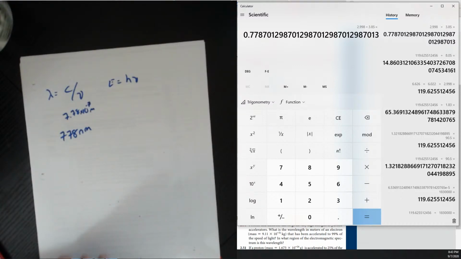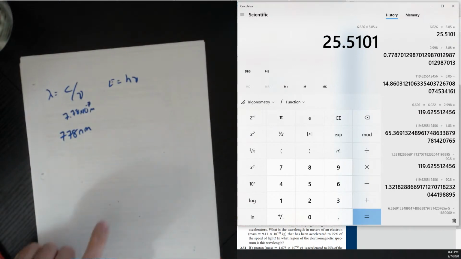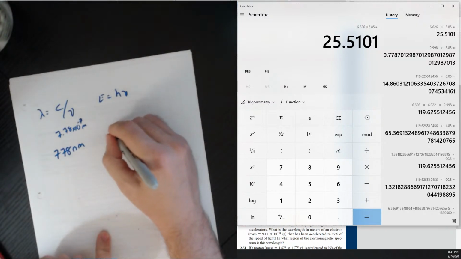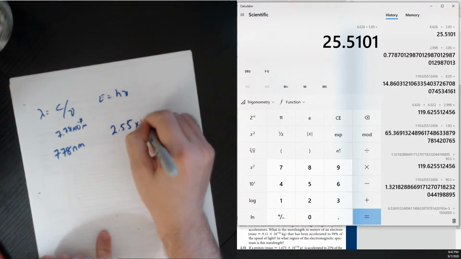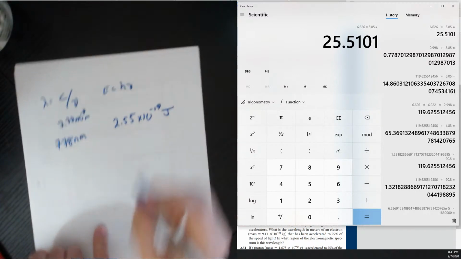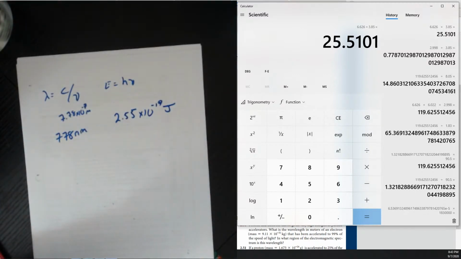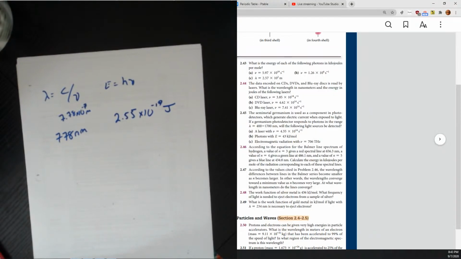The energy is 6.626 times 3.85, which is 2.55 times 10 to the negative 19th joules for that particular photon. That was A. Next up, DVD is 4.62, and then Blu-ray is 7.41.